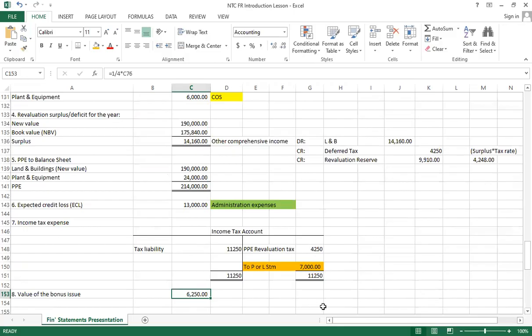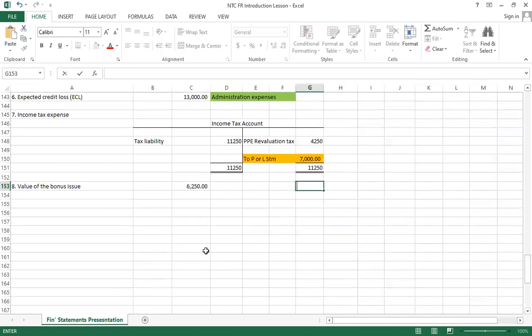This is then accounted for by debiting and crediting what?